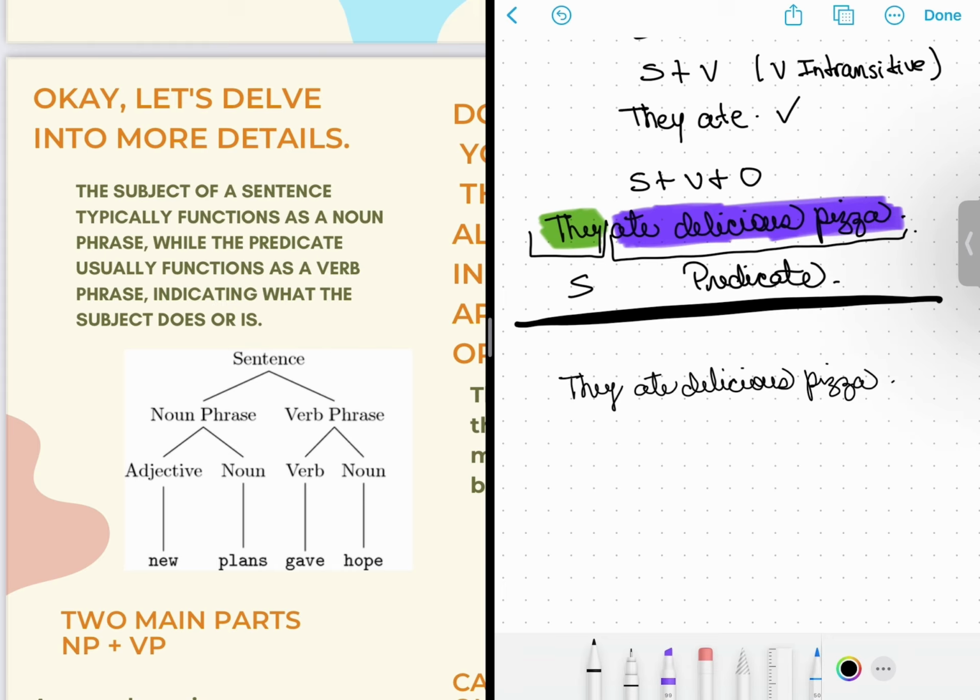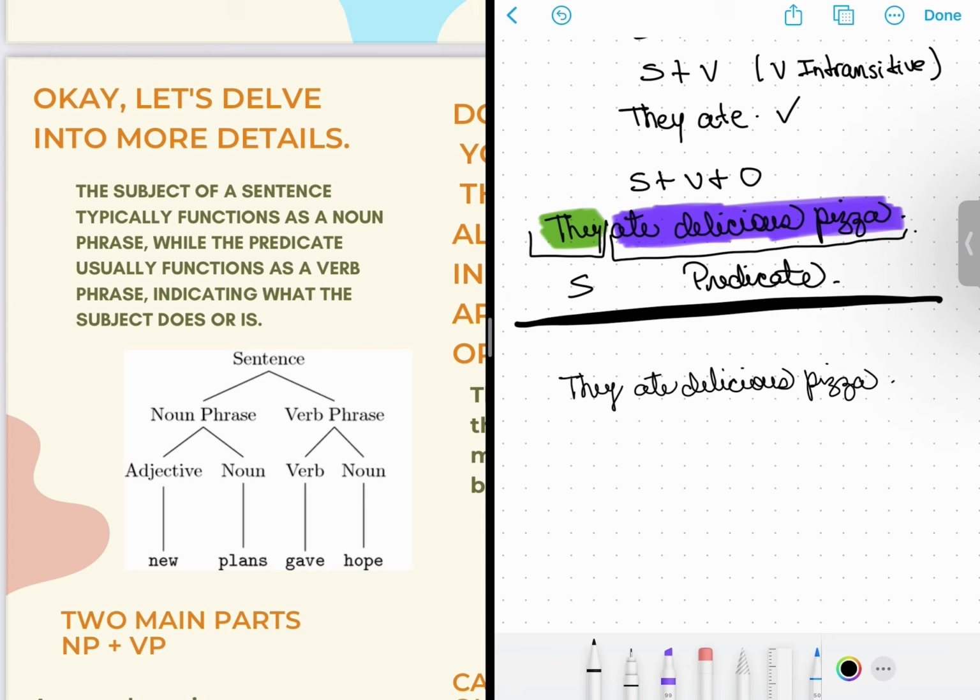The subject of a sentence, as you know, is a noun. And what is a noun, Professor? It is an object, thing, animal. But in some other cases, as you are in third year, you should know that a noun is sometimes a noun phrase. And what is a noun phrase, Professor?